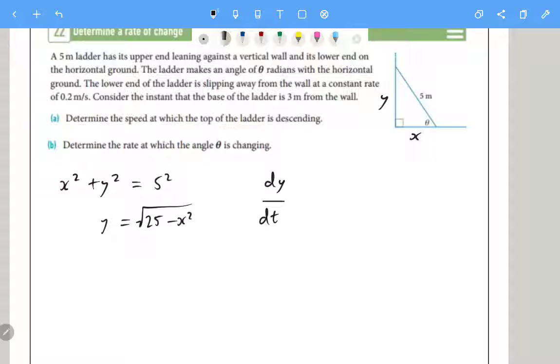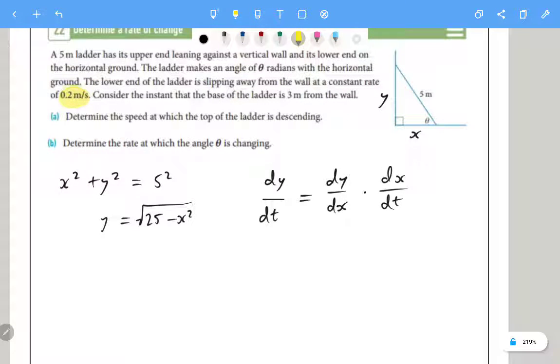But we know from chain rule that if I can work out the derivative of y with respect to x, I can multiply that by the derivative of x with respect to t, and that would actually work out. Now, the interesting part is that we actually know what dx/dt is. It's actually given to us in the question, 0.2 meters per second.